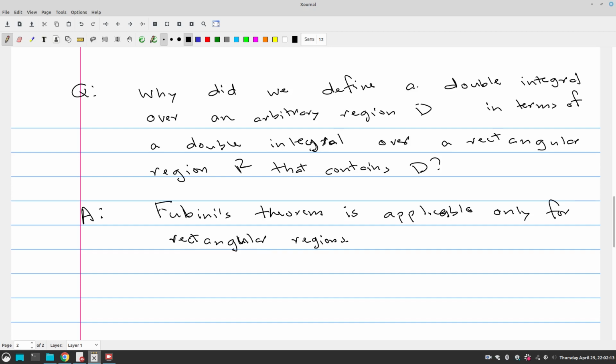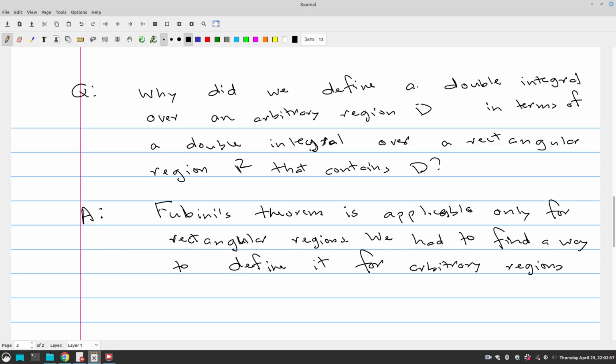Right? So we have to find a way to define it for arbitrary regions. Now let's see how we can extend Fubini's theorem to arbitrary regions in R2.